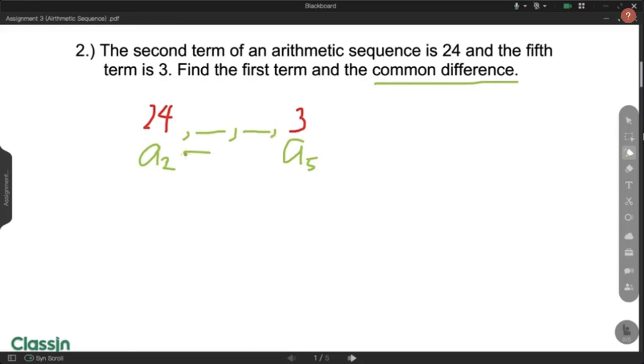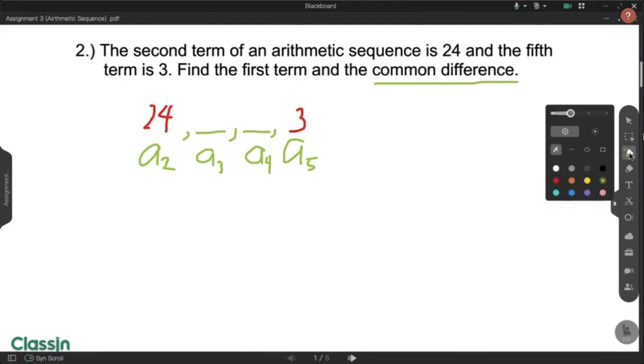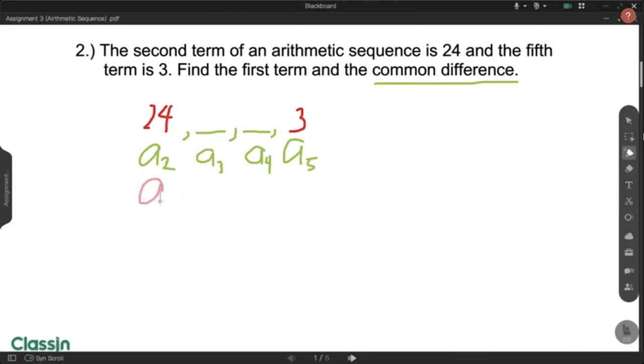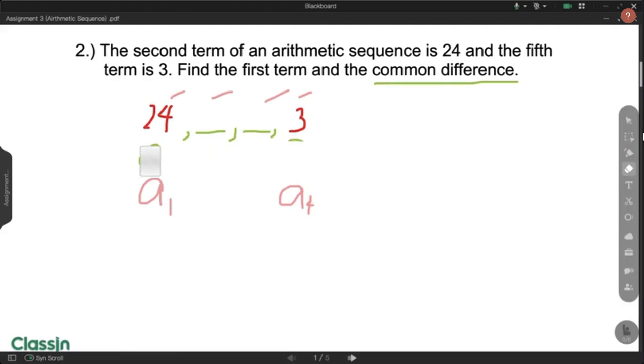You have a sub 3 and a sub 4. Why not we treat 24 as our first term and 3 as our last term, which is a sub 4, because you have 1, 2, 3, 4. Do not mind 24 as the second term and 3 as the fifth term yet.